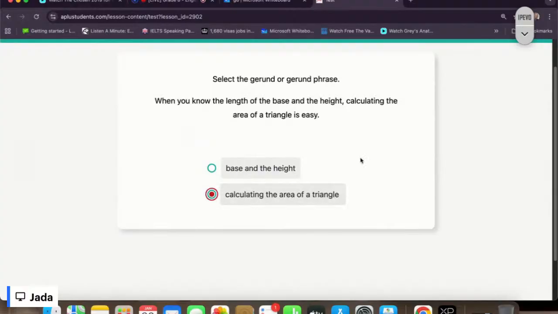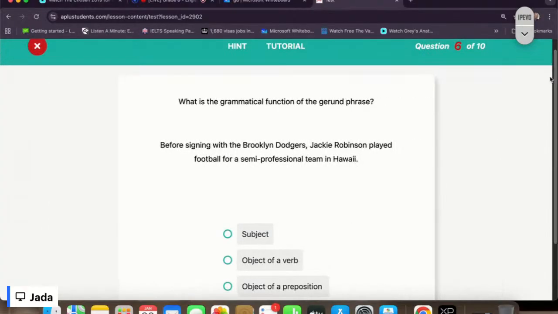Okay, so we have calculating the area of a triangle. Then what do we have here? Grammatical function. First, second, or third.